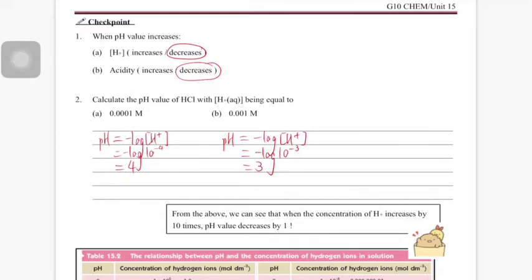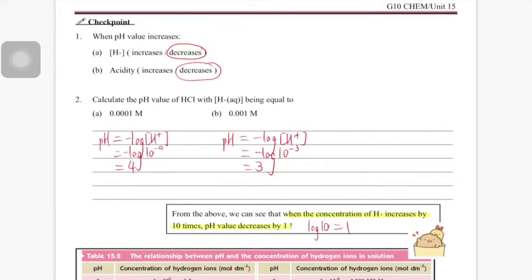Okay, so the answer will be 3. And from these two examples, you can see when the concentration of hydrogen ion increases by 10 times, pH value decreases by 1 only. And the reason for that is because the pH takes log. We know log of 10 just equals 1.